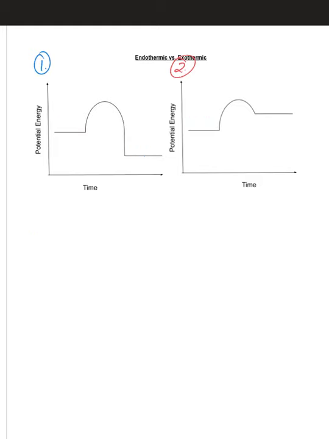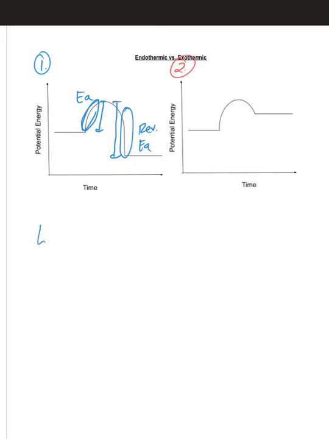The next way we can determine this is by looking at the activation energy and the reverse activation energy. Remember, this distance right here from the reactants to the peak of that graph is called the activation energy. And this distance right here from the products to the peak is the reverse activation energy.